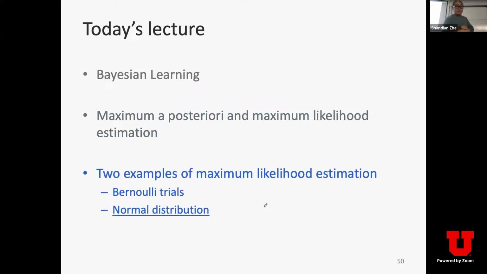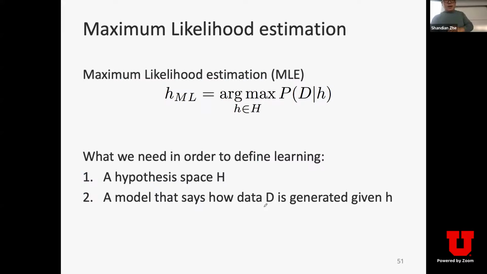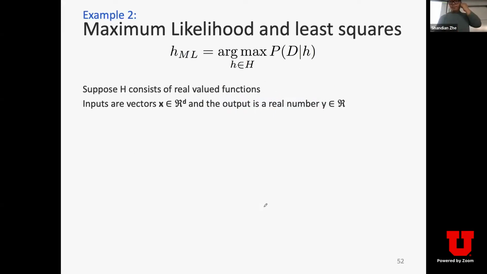Next, let us look at another example, which is called the normal distribution. This is usually used for continuous observations. In our previous example we were looking at binary observations, and now suppose our data is continuous. We still want to find a hypothesis that maximizes the likelihood. Here we're assuming that our hypothesis space consists of real-valued functions.